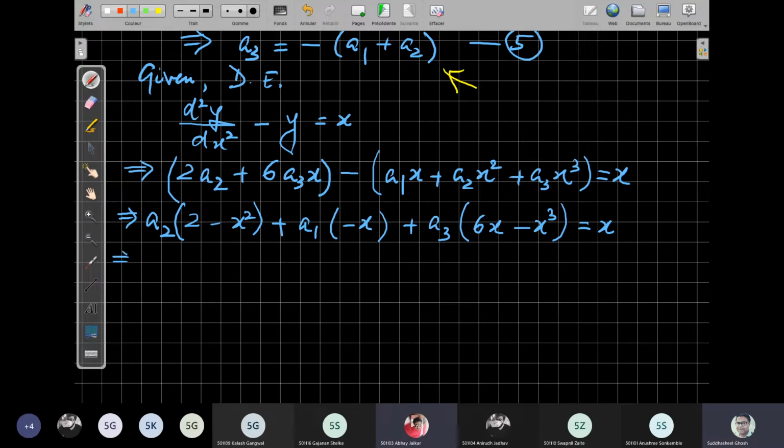So a2 into 2 minus x square, no problem there, plus a1 into minus x, no problem there. But instead of a3, we are going to put a1 plus a2 into 6x minus x cube, and that is equal to x.